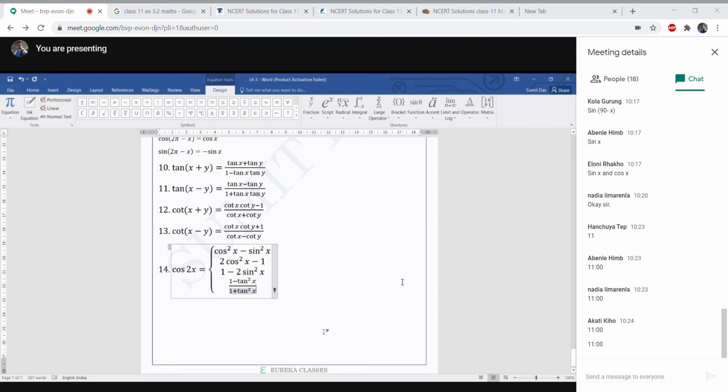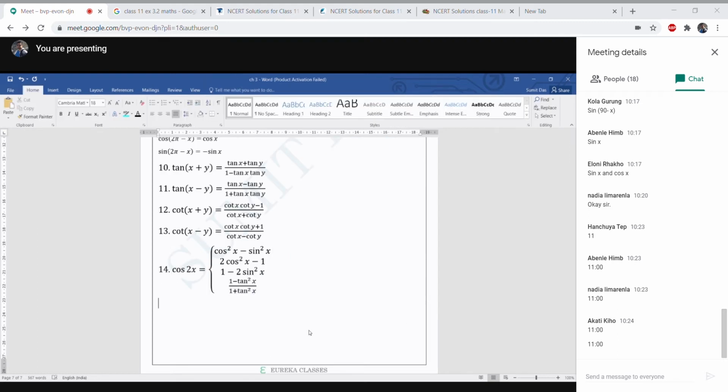So there is various use of this formula, cos 2x. For cos 2x, there are four formulas: cos square x minus sine square x, 2 cos square x minus 1, 1 minus 2 sine square x, or you can write 1 minus tan square divided by 1 plus tan square.